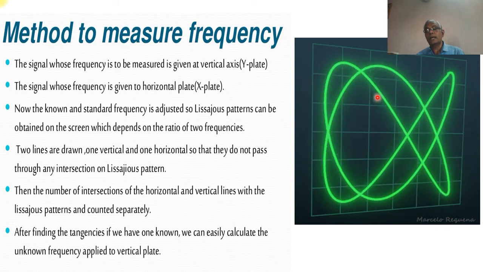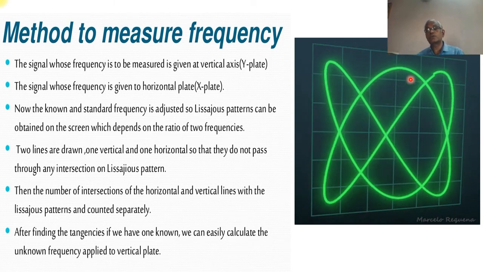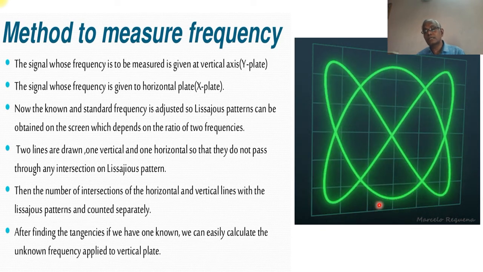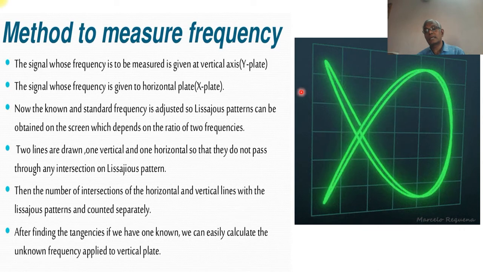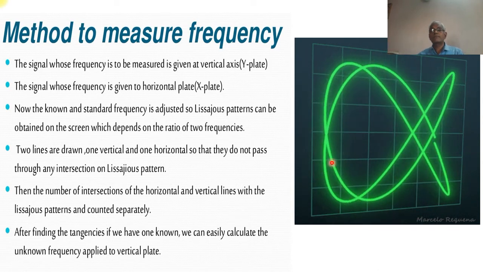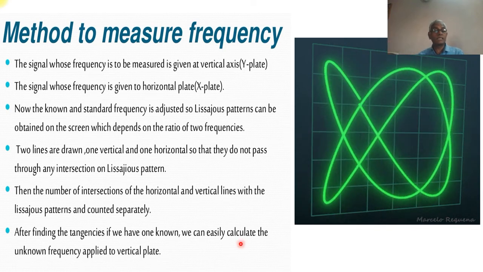From any particular pattern, if I want to measure the frequency ratio Fy upon Fx, I can measure the intersections on the y-axis and on the x-axis, and from that ratio I can calculate the frequency ratio, that is, in what proportion the frequencies are.